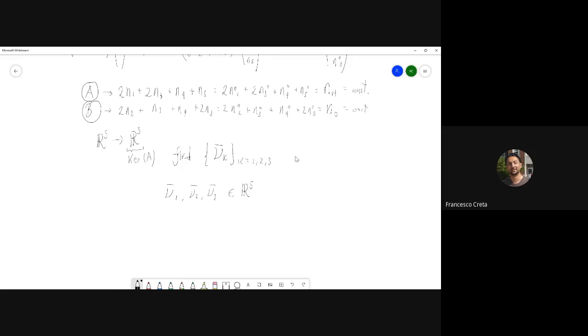So each one is essentially represented by 5 components, 1, 2, 3, 4, 5. And I have clearly 3 of those.